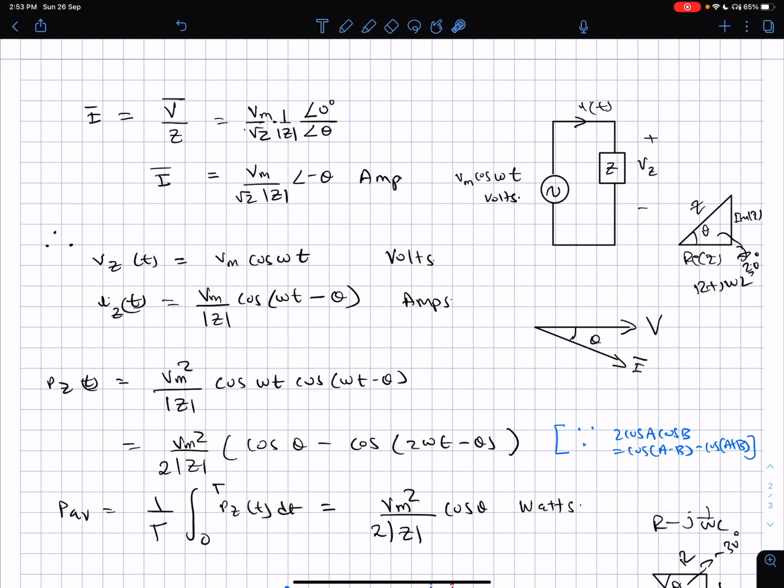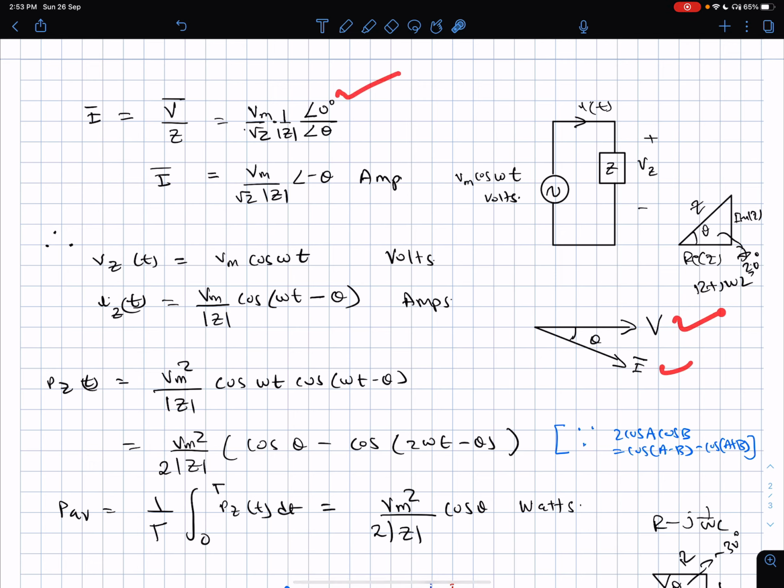Now you can rewrite this to calculate instantaneous power. We need the time domain expression. So we can rewrite it in the time domain: v of t is equal to Vm cos omega t. This was my reference signal. Therefore Vm cos omega t, and the current lags the voltage by theta degrees, because the voltage has an angle of 0 degrees.